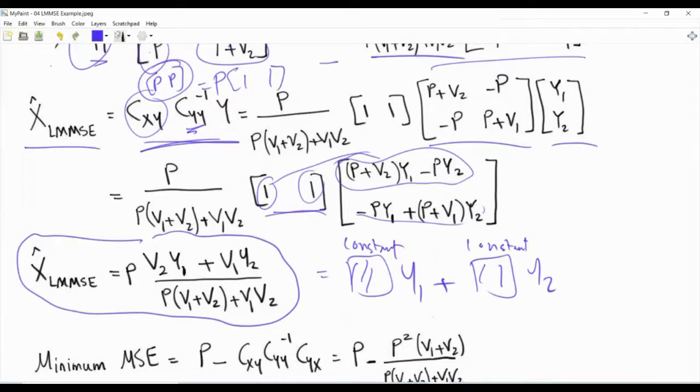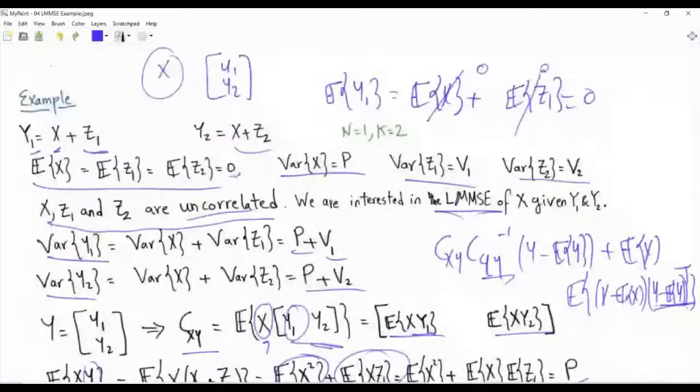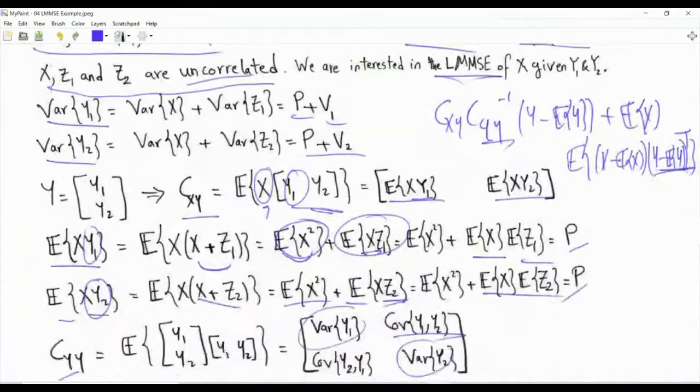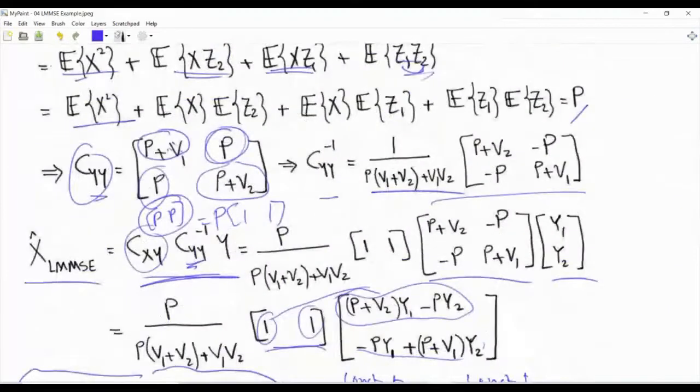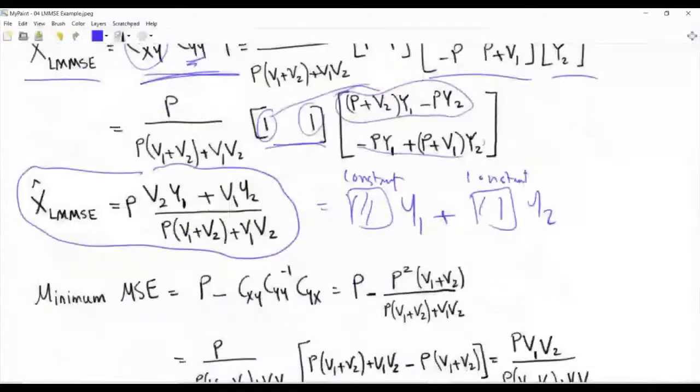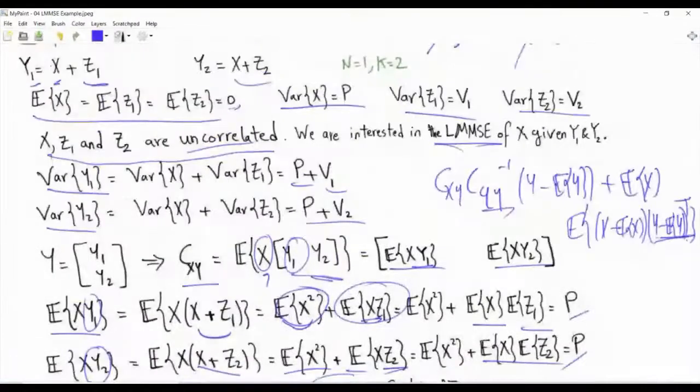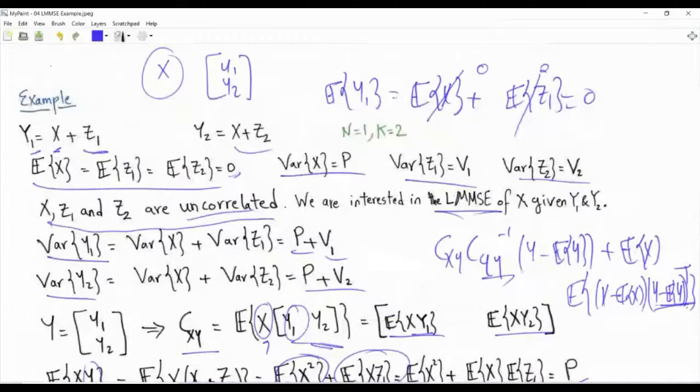So we have p, v1, and v2, and let's recall those are the variances: p is the variance of x, v1 is the variance of z1, and v2 is the variance of z2. So this is the LMMSE estimator. Okay, so for fun, what if z1 is equal to 0 almost surely?